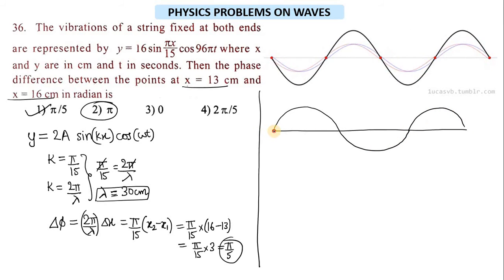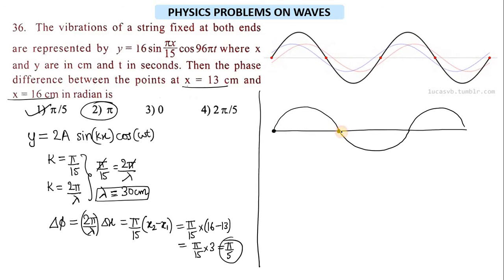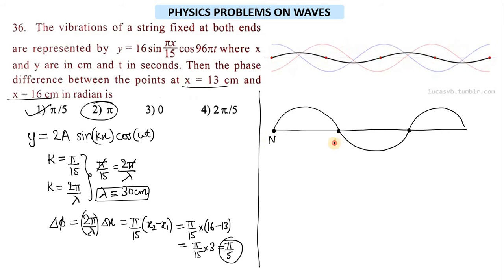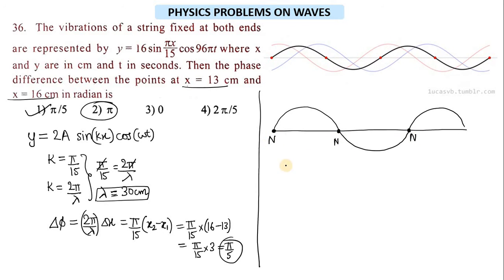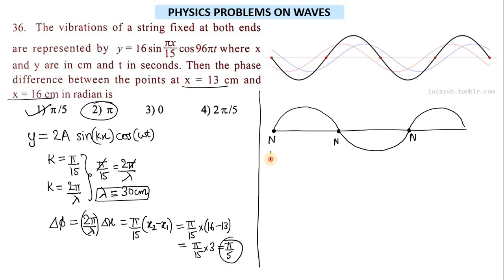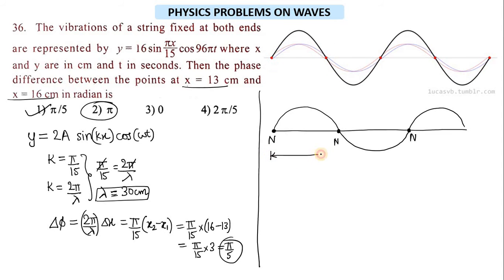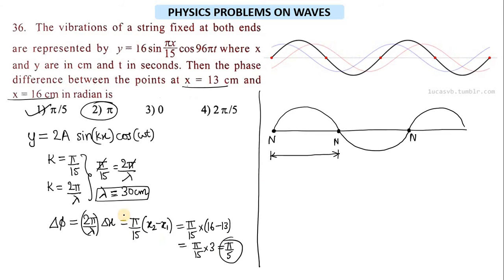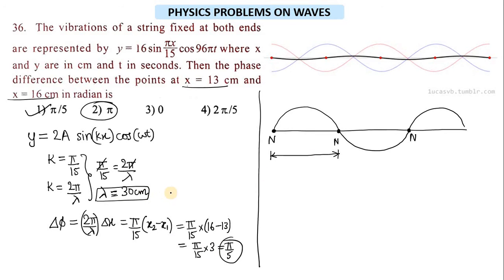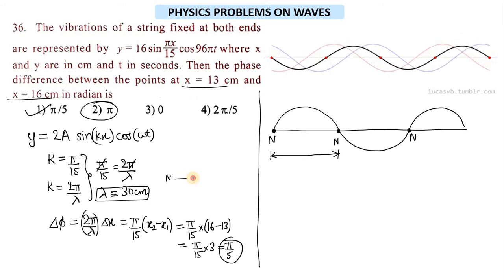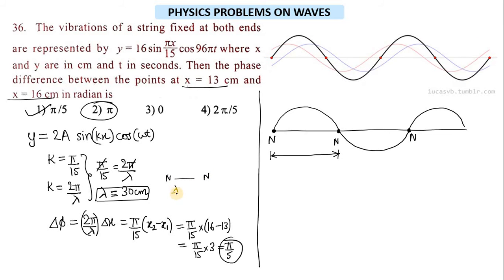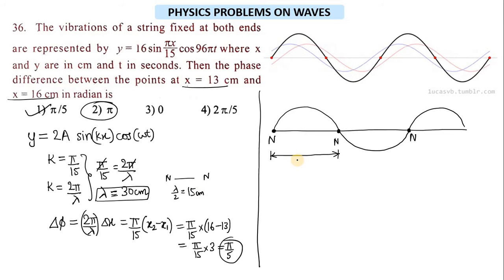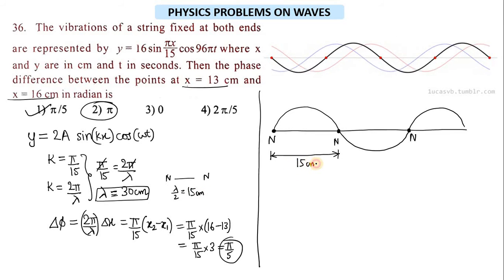And these red color dots shown above are nodes. We also know that the distance between the adjacent nodes is lambda by 2. So see here, the value of lambda is 30 centimeter. Therefore node to node distance lambda by 2 should be equal to 15 centimeter.